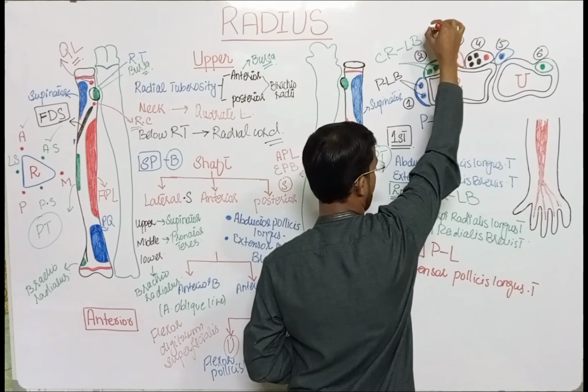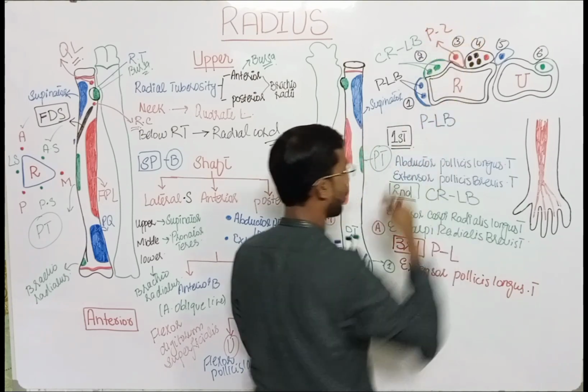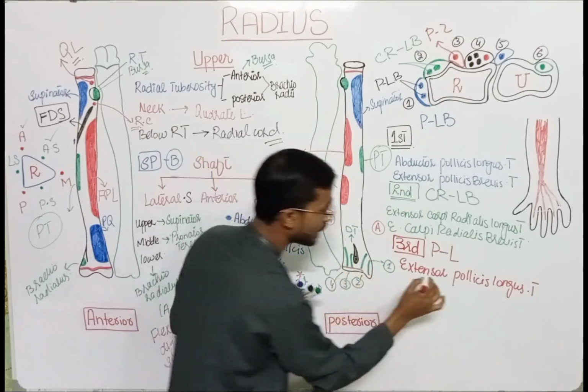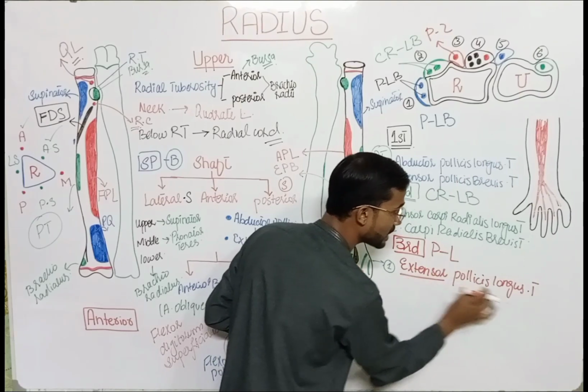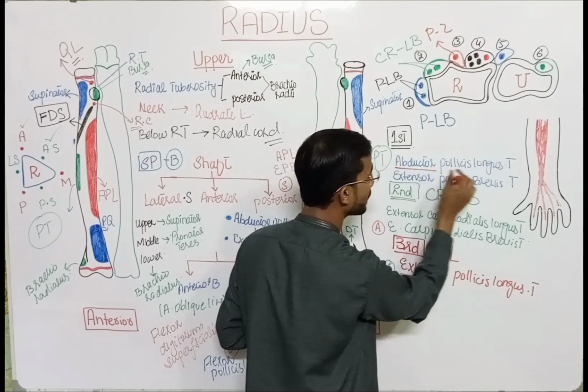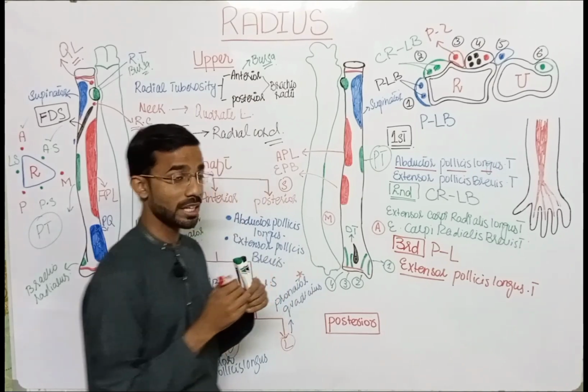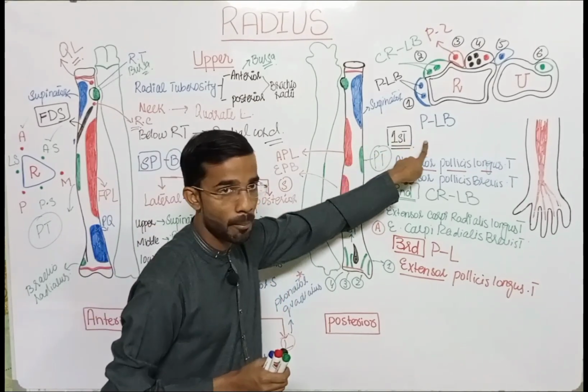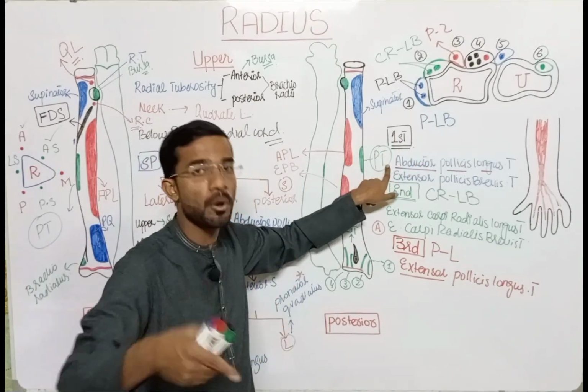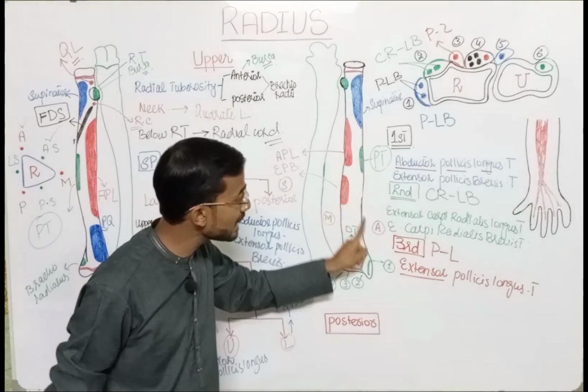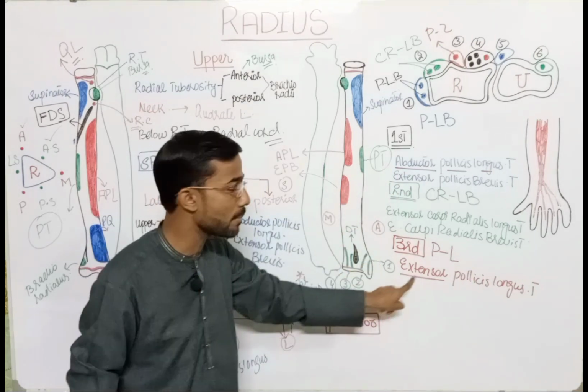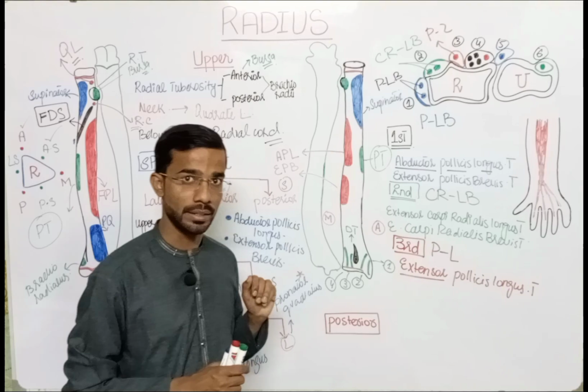This is the EPL, extensor pollicis longus. Now you see that this is the extensor pollicis longus and this is the abductor pollicis longus muscle. So keep remembering, at the first compartment you will see the abductor pollicis longus tendon, but at the third you will see the extensor pollicis longus tendon.